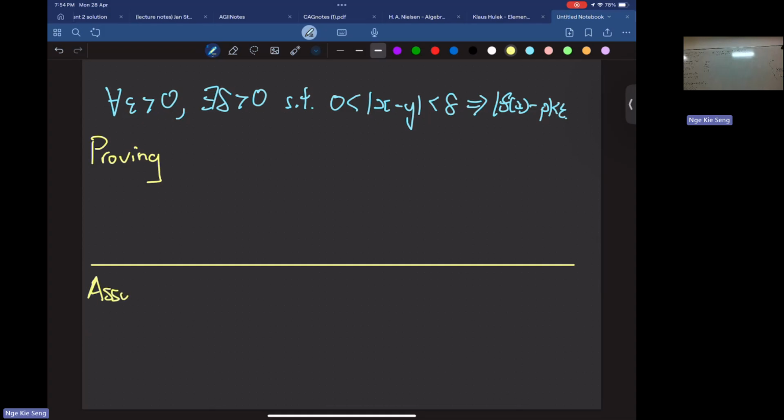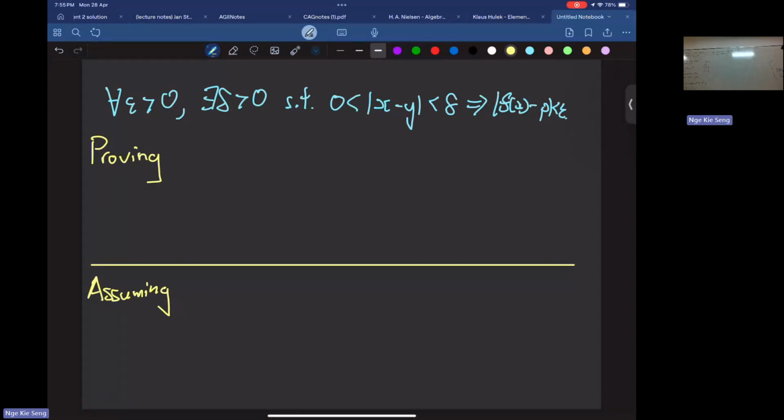Do you know the difference between proving and assuming? Proving is when you don't know whether it's correct or not. I want to prove to you that it's correct. Assuming it means you assume it is correct and don't need to prove it anymore.